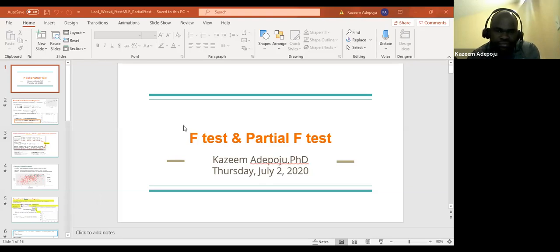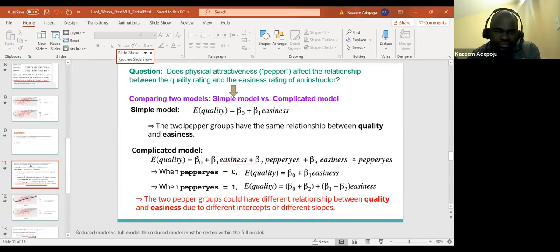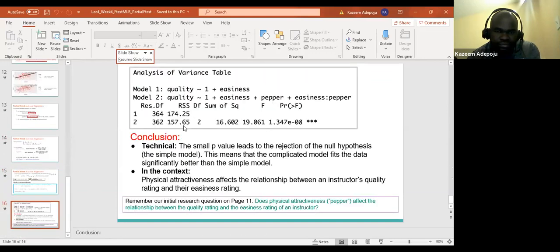Somebody said, why was the RSS output of ANOVA greater than 1? Or 174.25. Okay, let me go back to what you're trying to ask. Now, I don't know what you mean by RSS greater than 1.